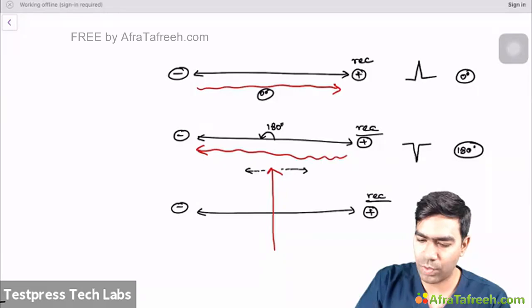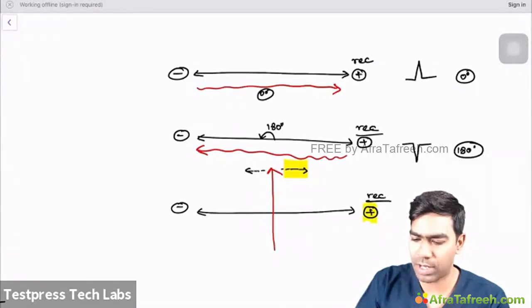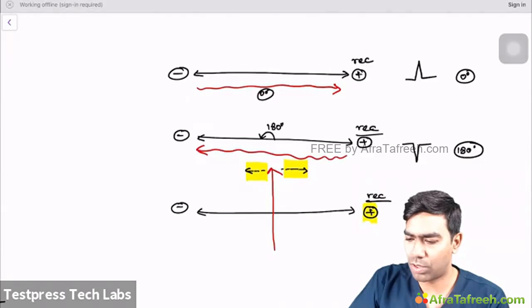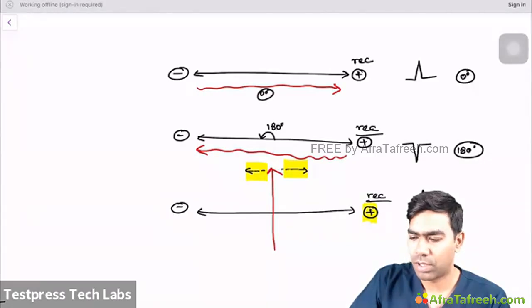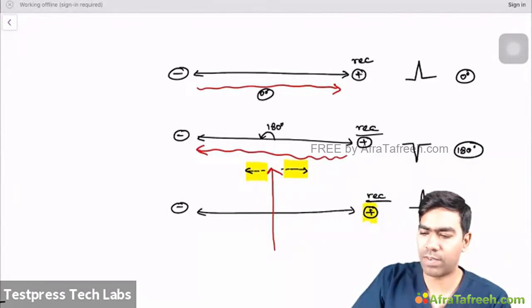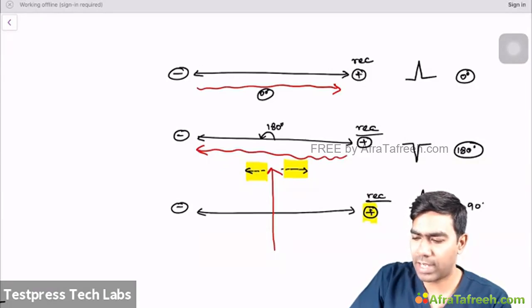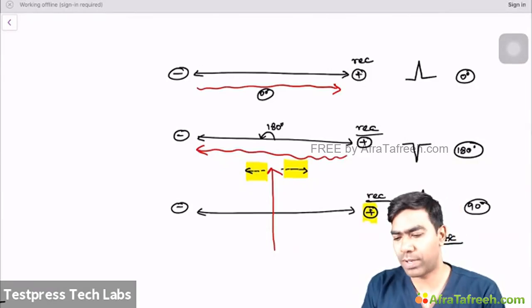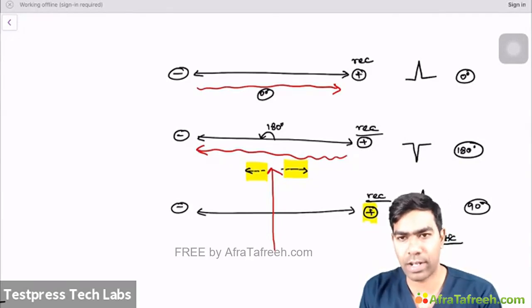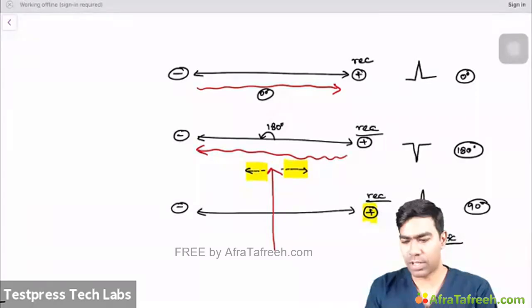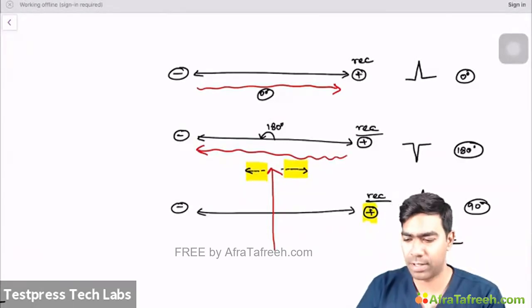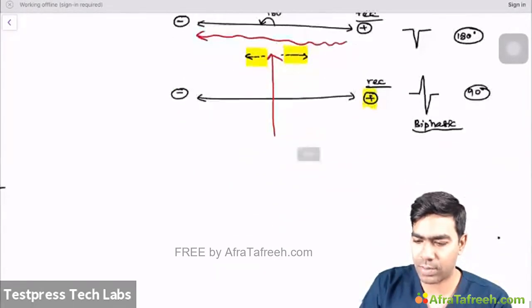Some part is moving towards the recording electrode and some part is moving away from it. So this generates a positive and a negative deflection, which means you will have a biphasic wave. At 90 degrees, when the depolarization vector is perpendicular to the recording electrode, it shows a biphasic pattern. That is critical to understand as well.